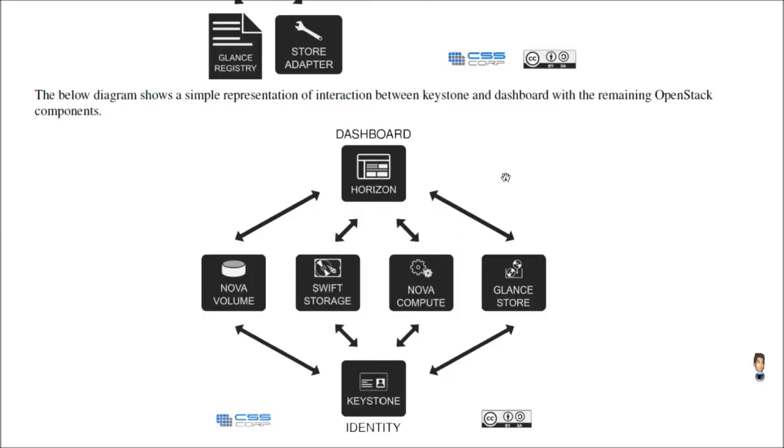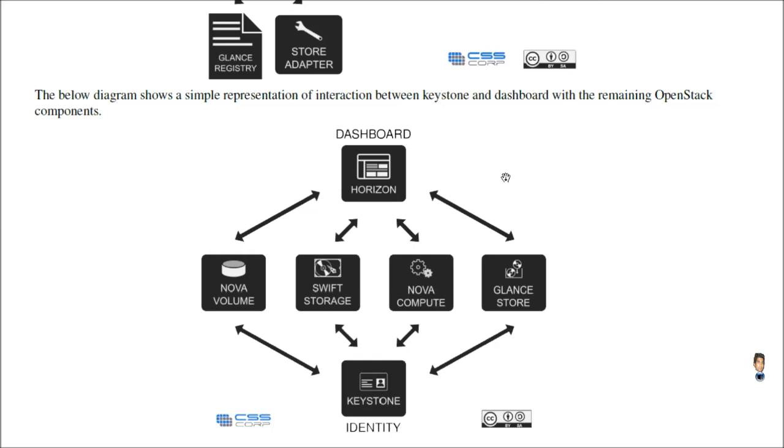Okay, now we talk about the interaction between the Keystone and dashboard with the remaining OpenStack components. Here we see the interaction between the Horizon and the Keystone, where they have 4 components in between, that is the Nova volume, Swift storage, Nova compute, Glance storage. As you can see, there are bidirectional arrows between the components.